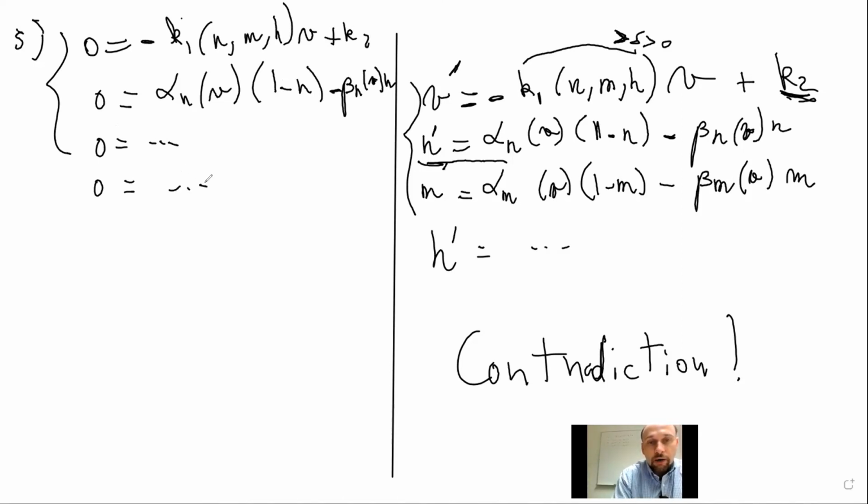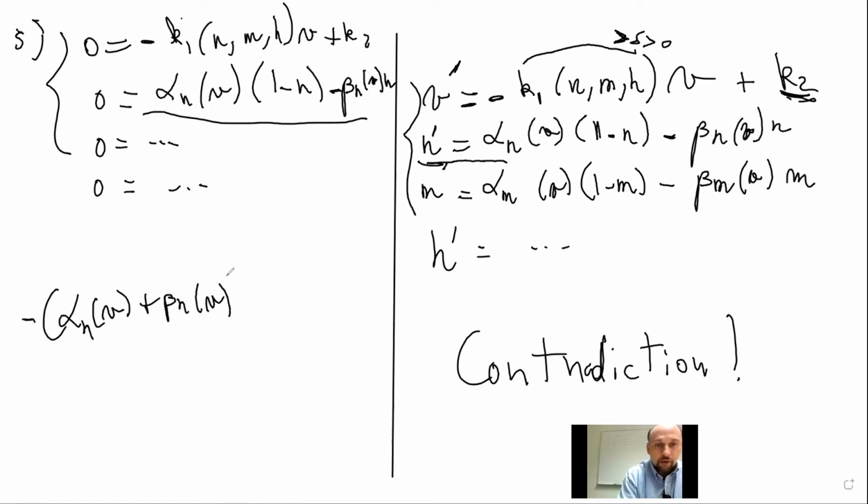So I remark that alpha N depends on V and beta N depends on V, but from this equation, I can deduce that minus alpha N of V plus beta N of V times N plus alpha N of V equals 0.